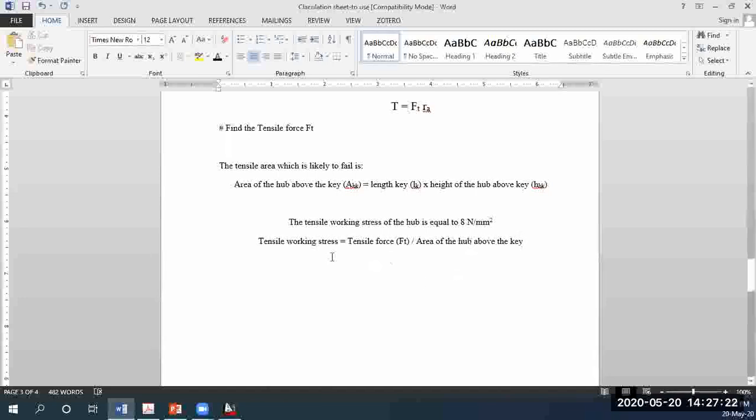The tensile working stress value, are you aware of that? Yes, I just gave you, that's 8.